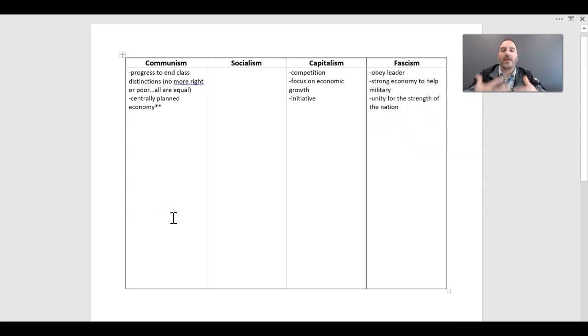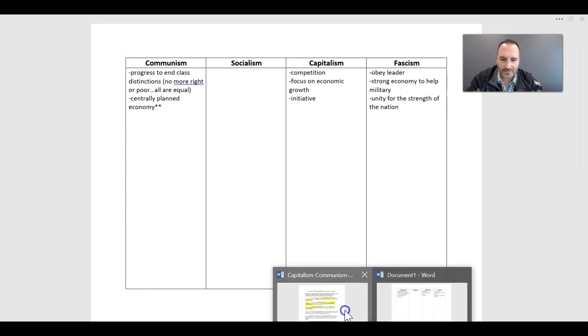Okay, so obey the leader, strong economy to help the military, and then unity for the strength of the nation. So guys, if you get any question that is about following the leader, obedience is important, making the nation stronger, supplying stuff for the military, automatically you should be thinking fascism, right? It can sometimes be something else, but you should be leaning towards the far right in that case.